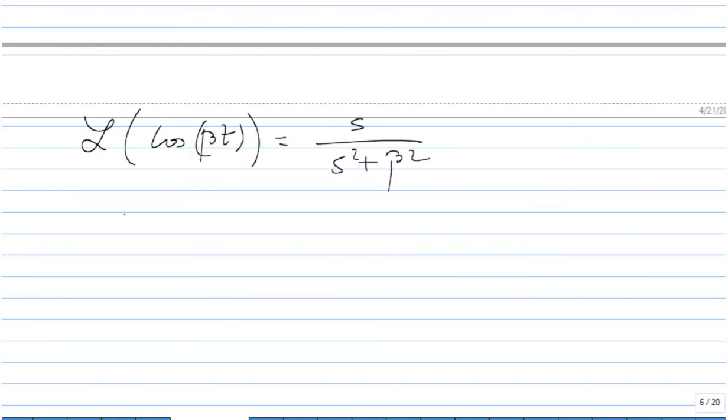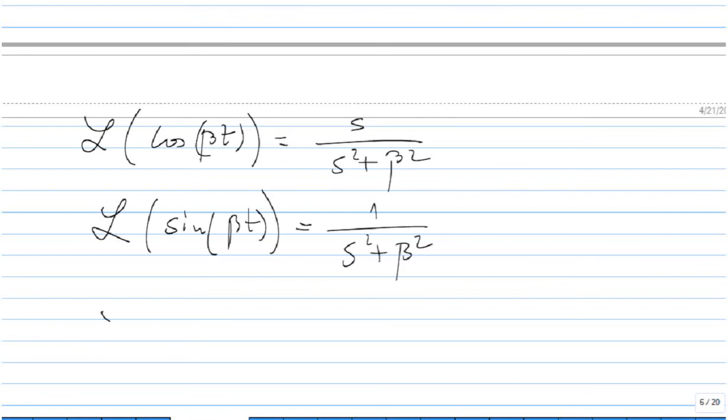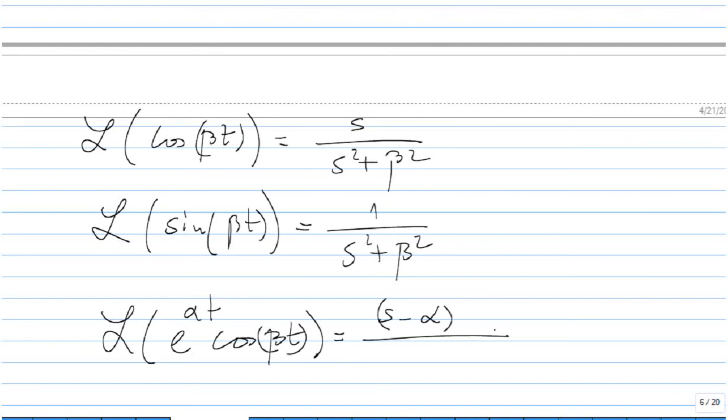How did I get the e to the minus 2t? So remember, we have the Laplace of cosine beta t, that's s over s squared plus beta squared. And the Laplace of sine beta t is 1 over s squared plus beta squared. So when I multiply by e to the alpha t, I shift: it's going to be s minus alpha over s minus alpha squared plus beta squared.